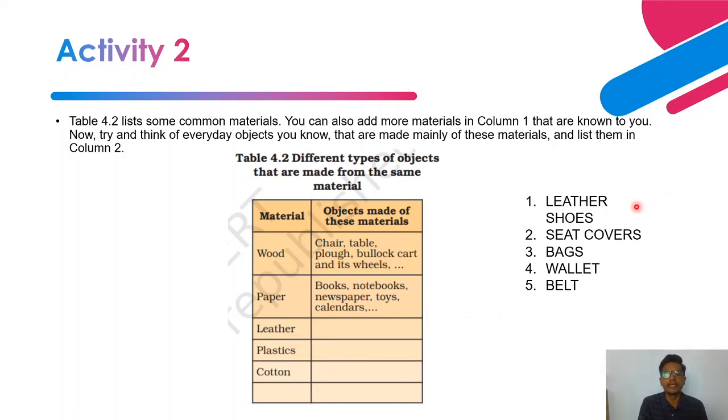Then see, leather shoes, seat covers of our bike or car, bags, wallet and belt. These are the objects which are made up of leather. Similarly, you can write the objects which are made of plastic and cotton. This is only for your activity purpose. You don't have to write this in your notebook.